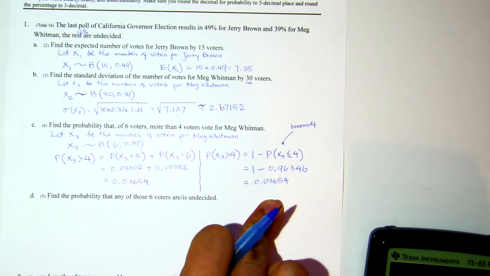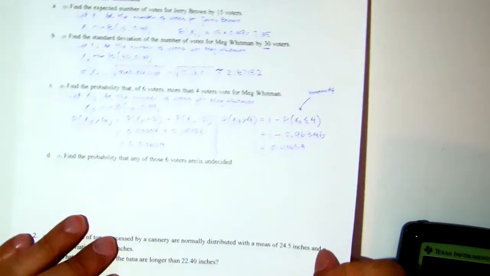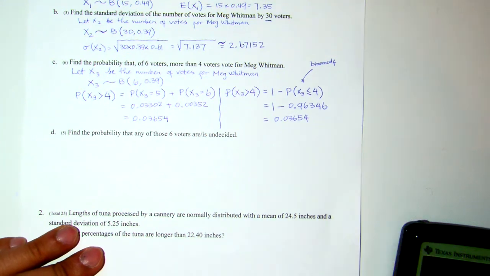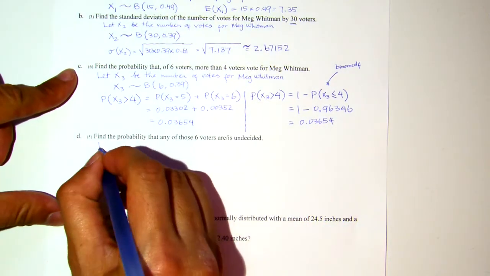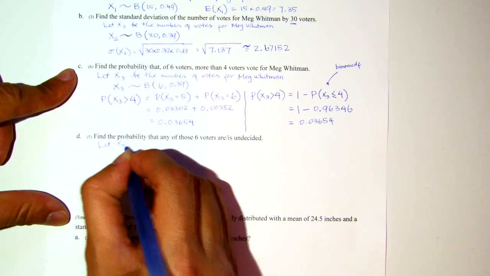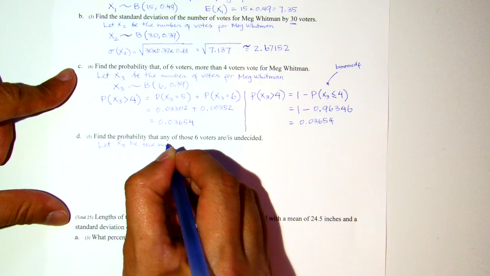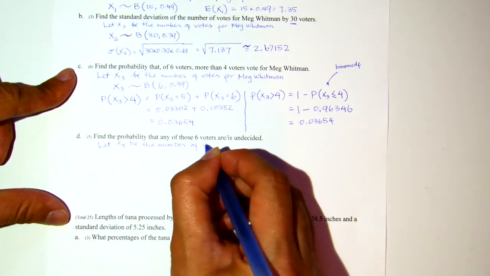Okay, now let's do the last question, part D. Find the probability that any of those 6 voters are or is undecided. The percentage of undecided is 12. Now let x4 be the number of undecided voters.